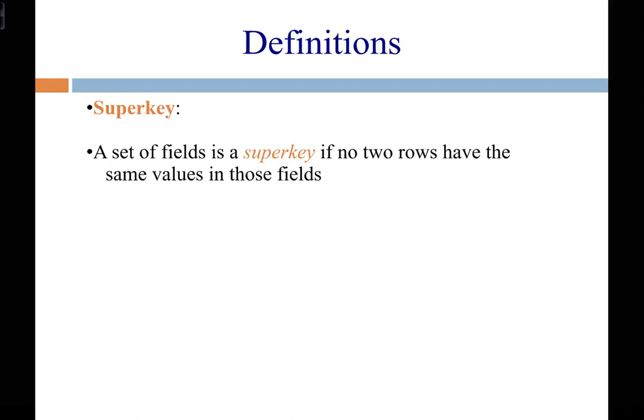This is just defining uniqueness. Question? So fields, yeah, replace that with attribute. Basically, it's a set of columns in the table or in the tuples.